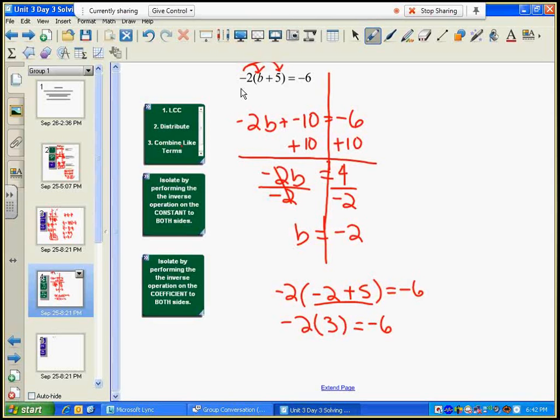Now I'm going to do my multiplication, -2 times 3. Would you look at that? Bam. So my solution is b equals -2. You might want to try that one again on your own.